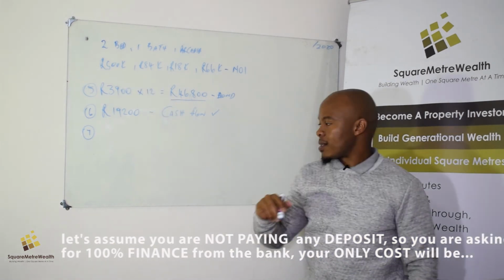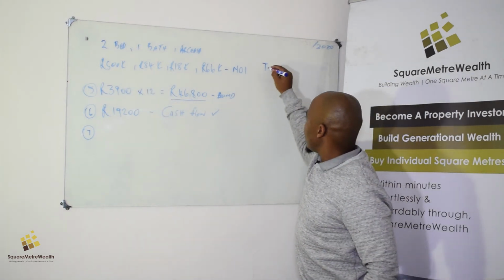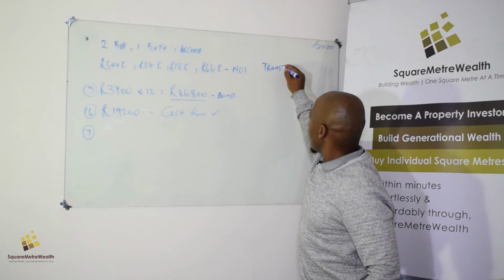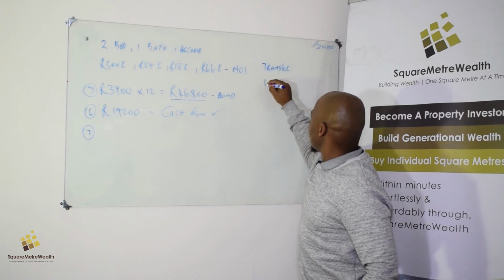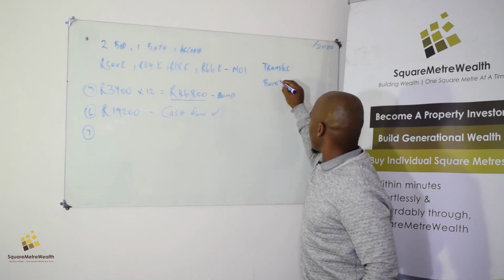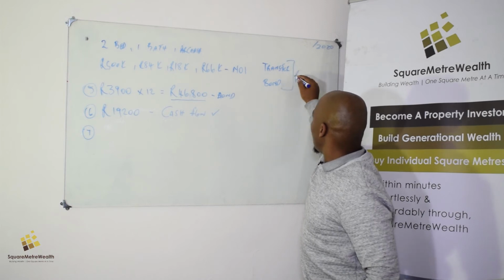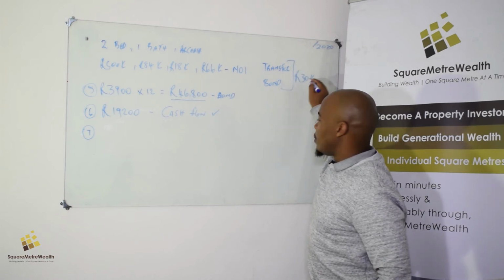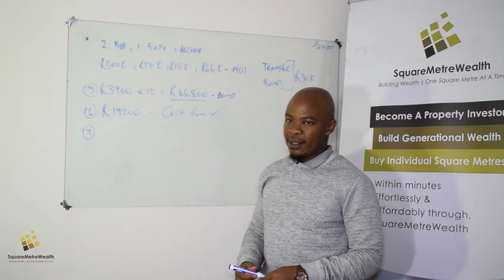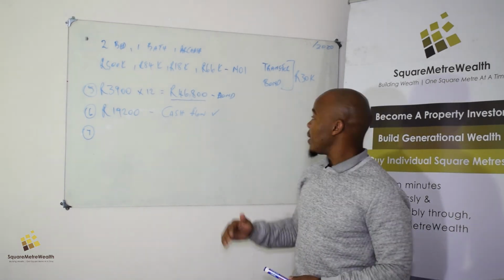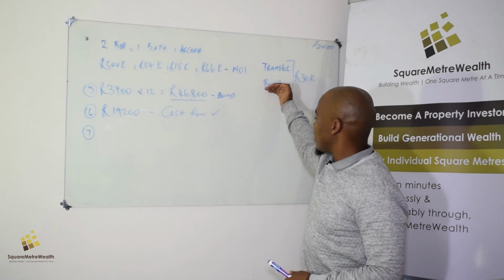Your only cost will be transfer as well as bond costs. And these two would amount to roughly 30,000 rand. This would be for the transfer costs as well as the bond costs.